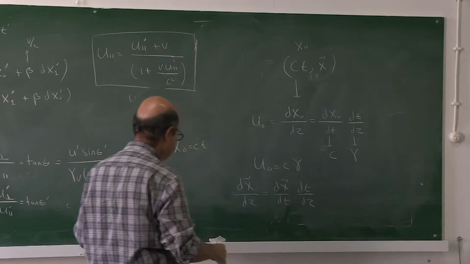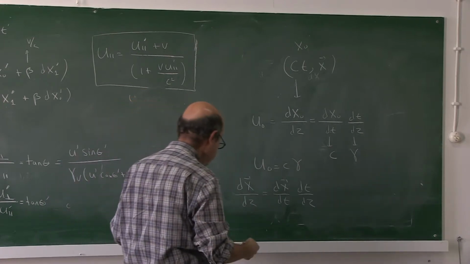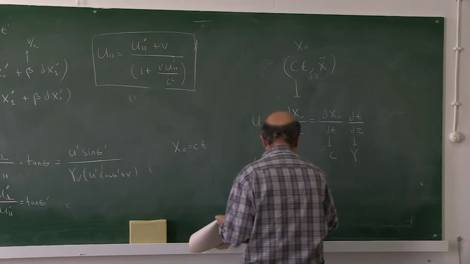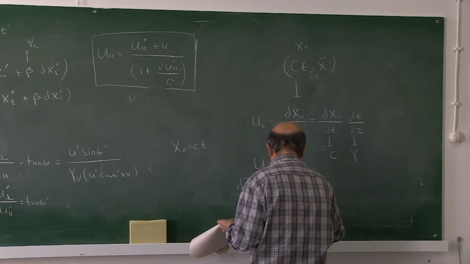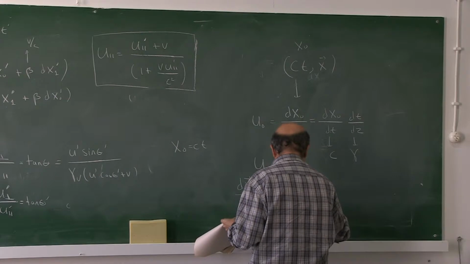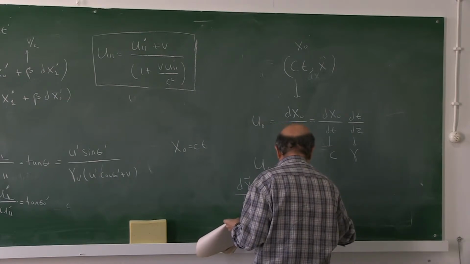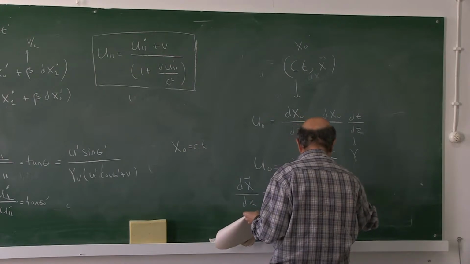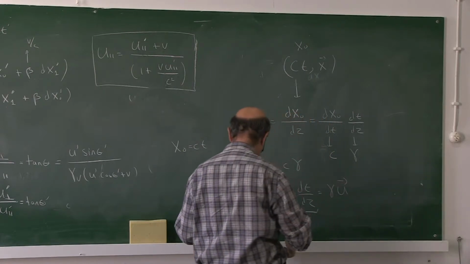Dx over dt is the ordinary velocity with respect to time, let us call it u, and dt over d tau is again the gamma factor, so that is equal to gamma u.